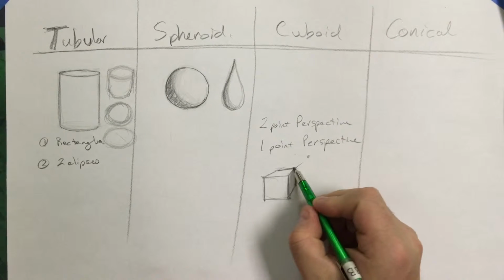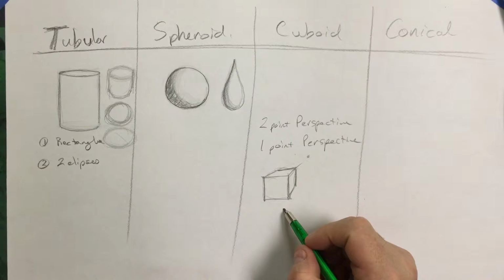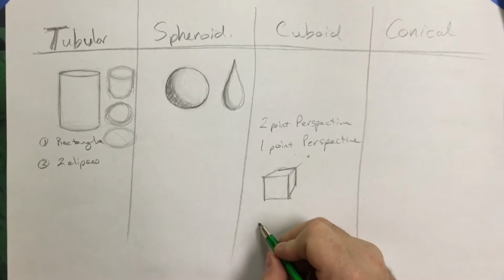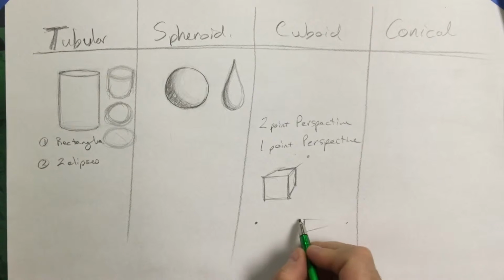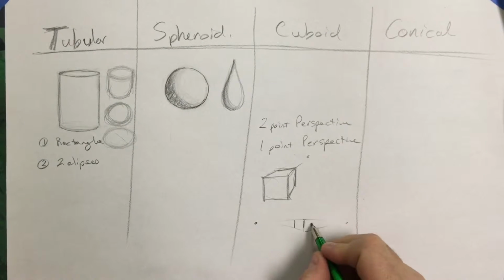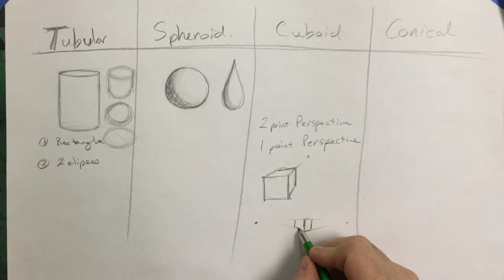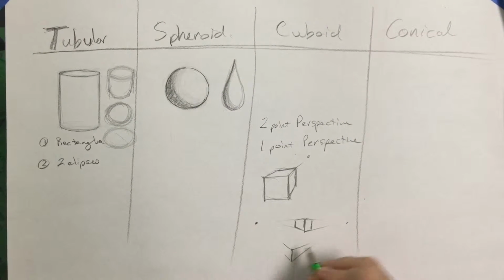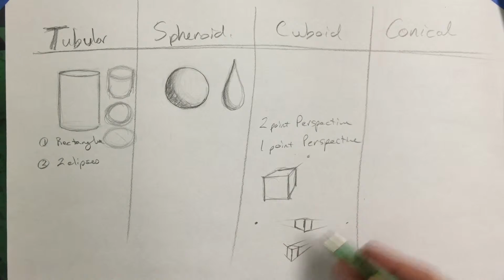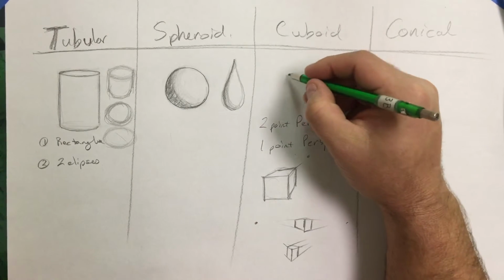So this will give you an idea of the angles that you might want to draw, but in reality what we're looking at probably is something more like a 2-point perspective, which is where you connect things to 2 points. Or if you're down here below it, you have your 2 points, and that's going to help you get that sort of style. So that's kind of the style that I'm more shooting for when I look at cuboid.